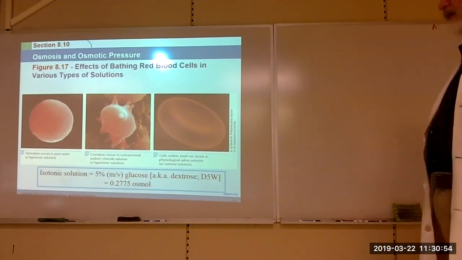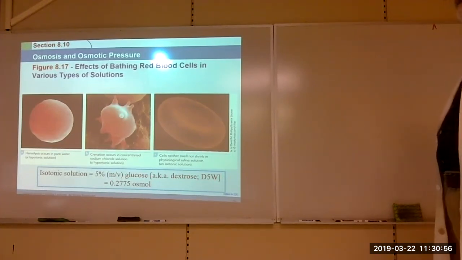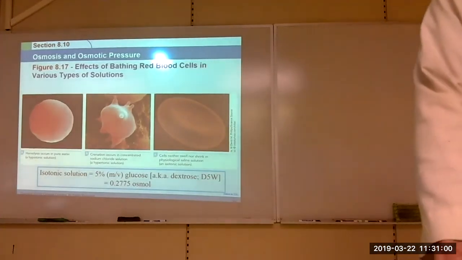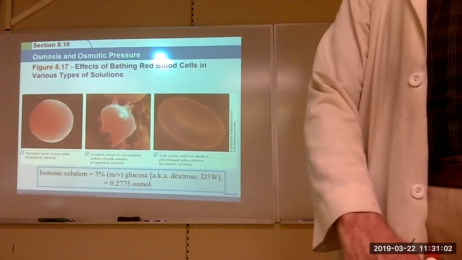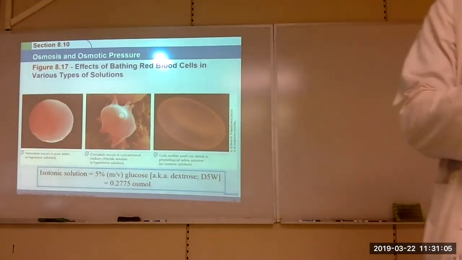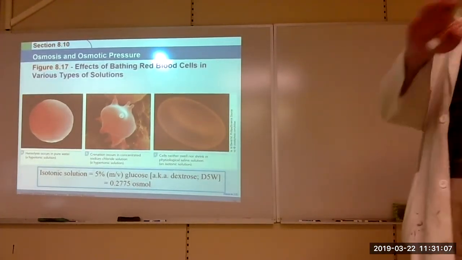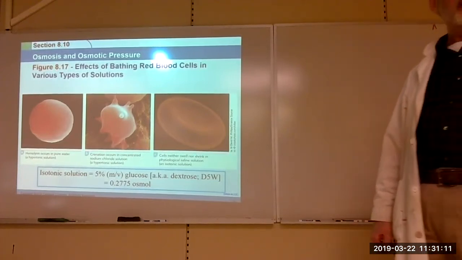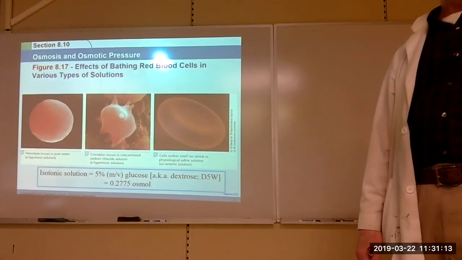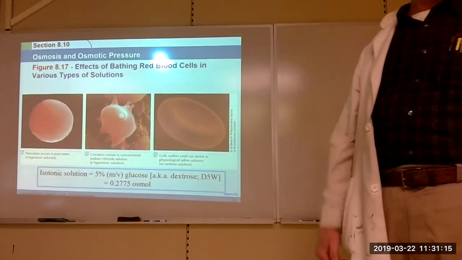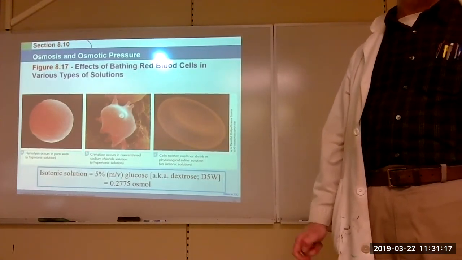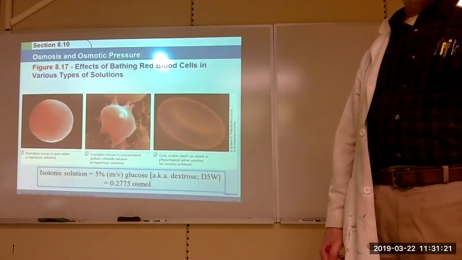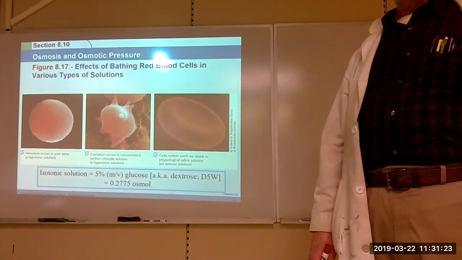I was always told that a sodium chloride solution of 0.9% would be isotonic. That's pretty close. The problem with sodium chloride solutions is that if you drip 0.9% sodium chloride solution into a patient, it might be okay for the short term, but for the long term, you're going to stress their kidneys.